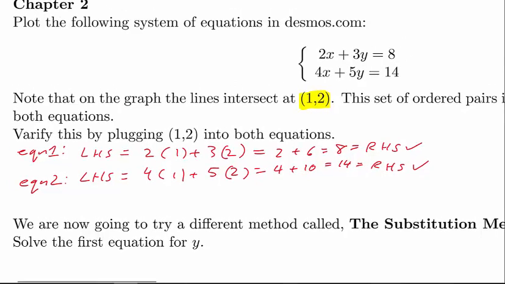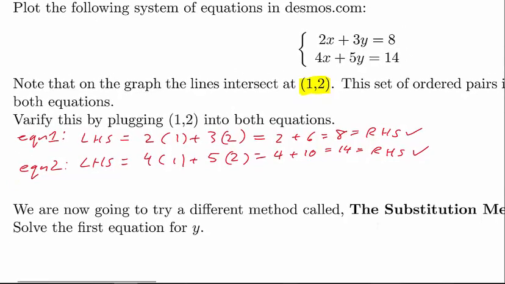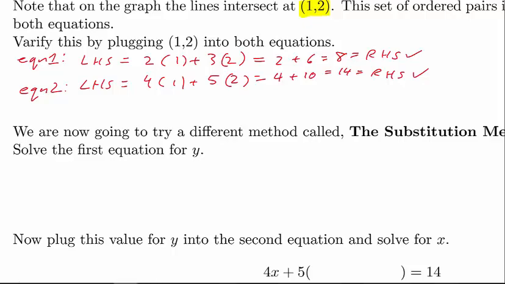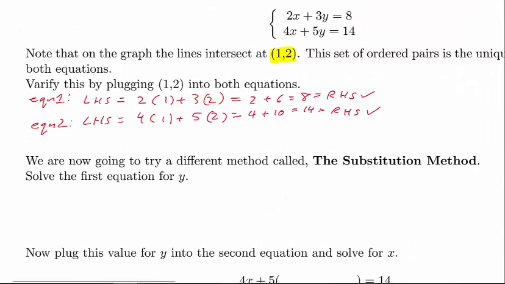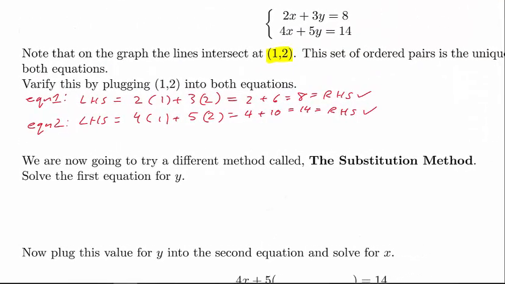We're going to try a way to find the solution called the substitution method. So the first thing we're going to do is we're going to solve equation 1 for y. So basically we have 3y equals 8 minus 2x, then divide everything by 3.